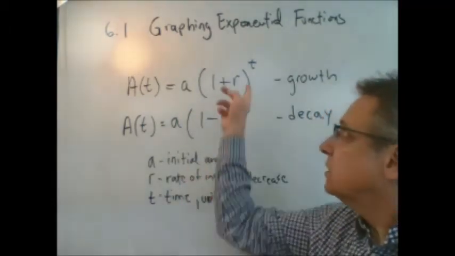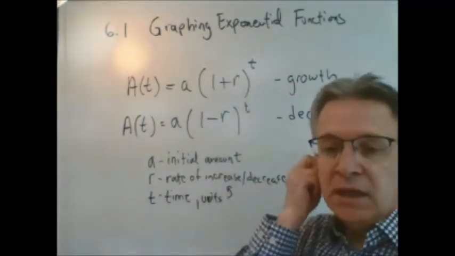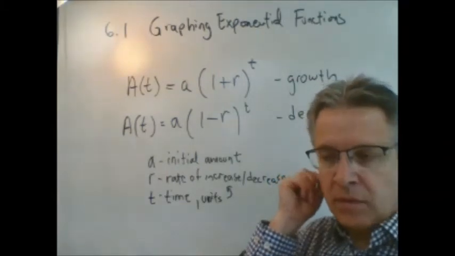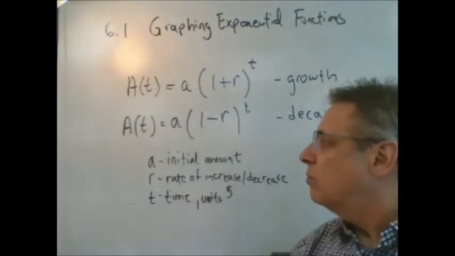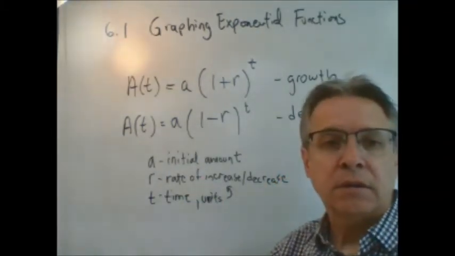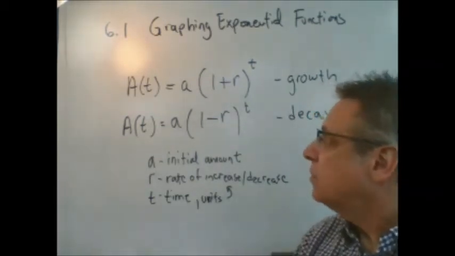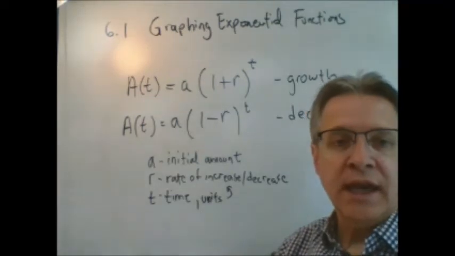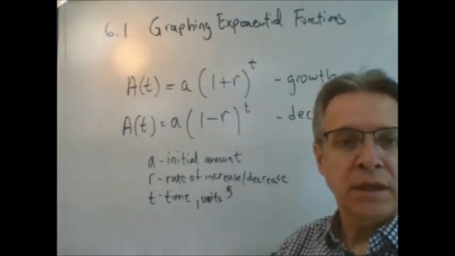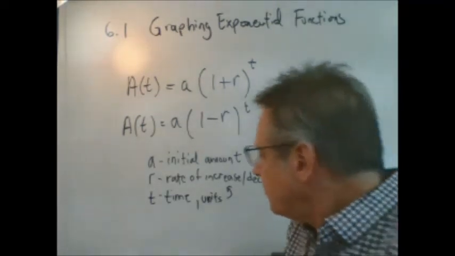And the units for that would be in the rate of increase or decrease number. So I'll give you an example showing increase, and then I'll let you try some problems on your own.